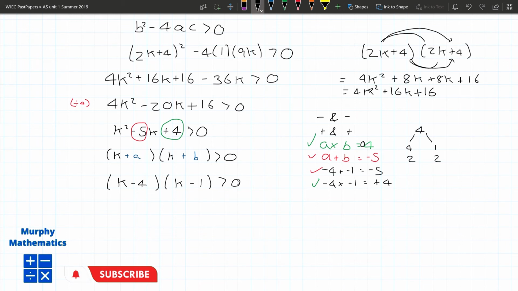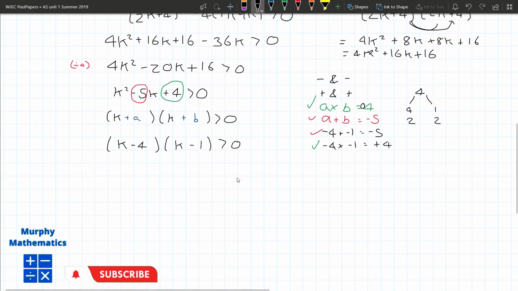Okay, so I need to find values of k to get this greater than 0. So I know when k equals 4, this bracket will be 0. If I put k as 4 in here, that whole thing will be 0, so my equation will be 0. But we're not looking for 0, we want greater than 0.